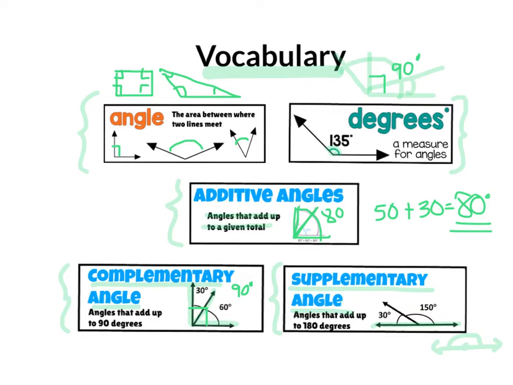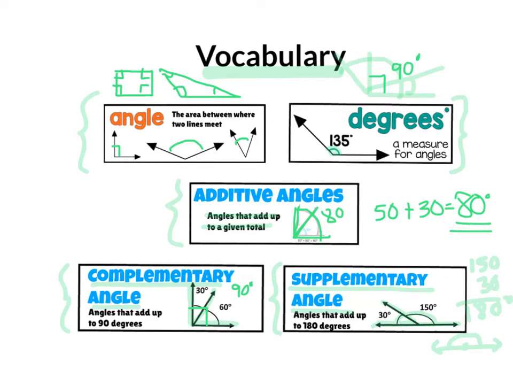I automatically know that's 180 degrees. And we can prove that by adding the smaller angles inside. So I've got 30 degrees plus 150 degrees. Well, we know that 150 plus 30 is 180 degrees. So our supplementary angles are any angles that add up to 180 degrees.